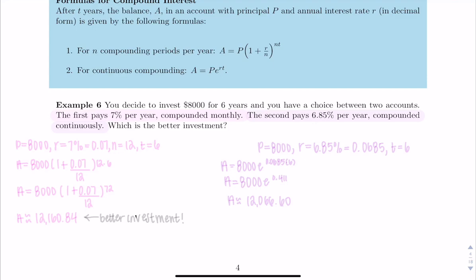So for the first part, what's in pink, it pays 7% per year and is compounded monthly. And in the second one, or the purple, the second pays 6.85% per year, compounded continuously. So we're going to use both sets of formulas.